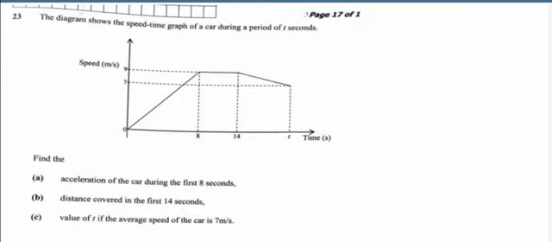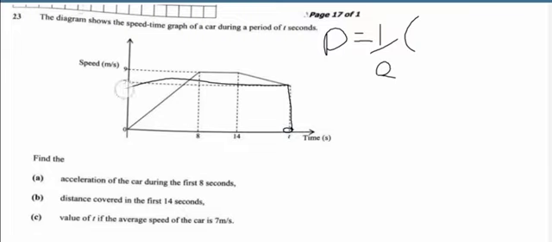What shape is this one? It is a trapezium. So a trapezium is given by distance is equal to half, multiplied by open bracket, a plus b, multiplied by the height. So in this case, our a is the distance from this point up to this one, which is 7. So we're just going to say 7, then plus the value for b, from this point up to this point here, which is 9.